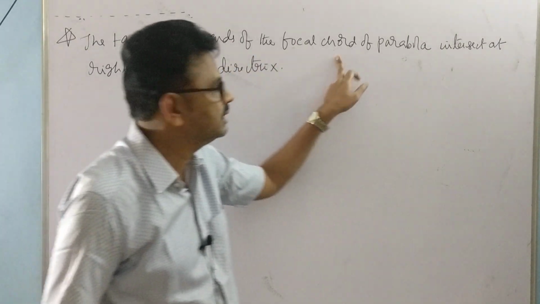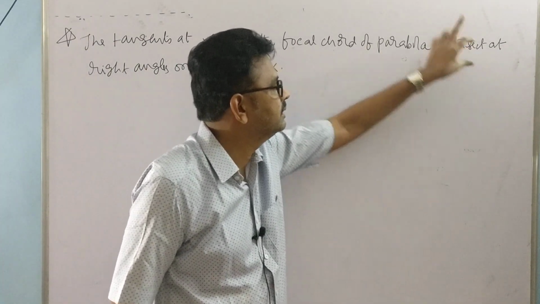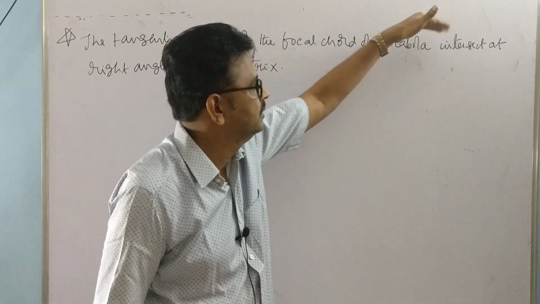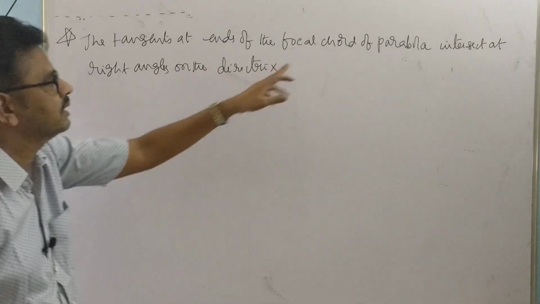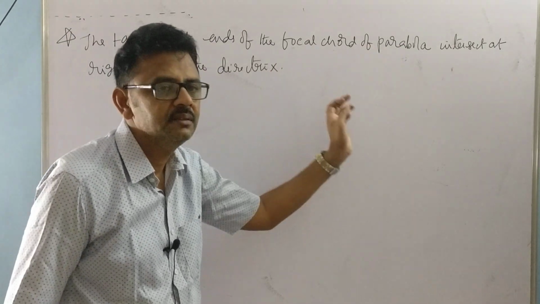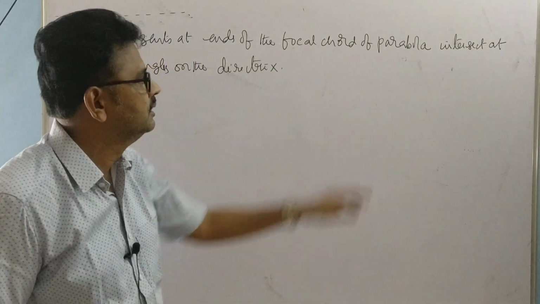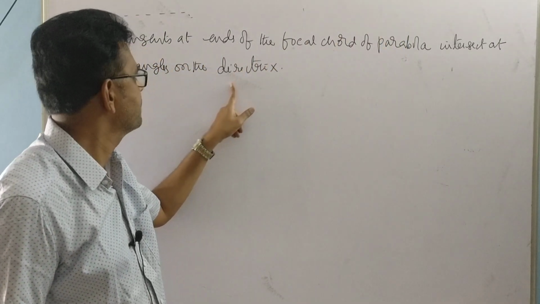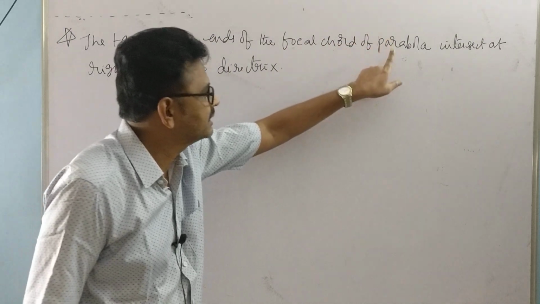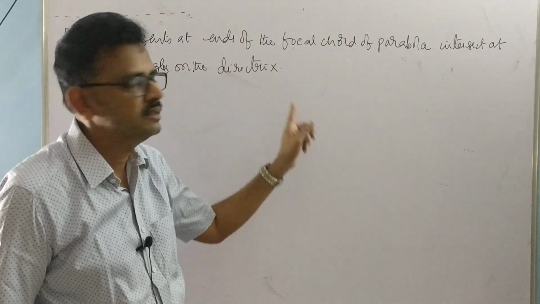Tangents at the ends of the focal chord of any parabola intersect at right angles on its corresponding directrix. If you take y square is equal to 4x, the corresponding directrix. If you take x square equal to 4y, the corresponding directrix.